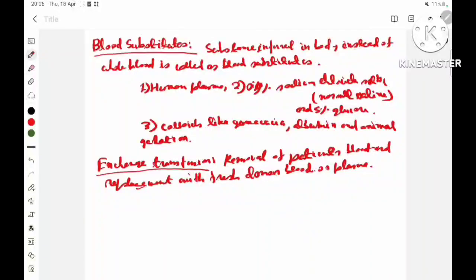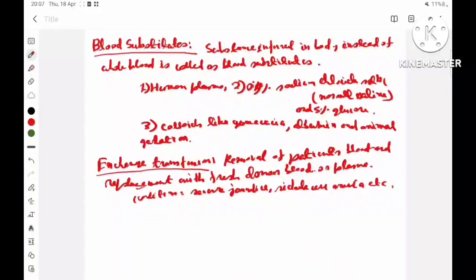It is an important life-saving procedure carried out for conditions such as severe jaundice, sickle cell anemia, etc. The procedure involves both removal and replacement of affected blood in certain stages, carried out in short cycles.